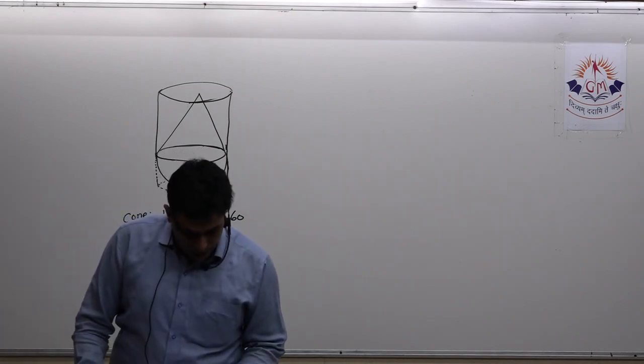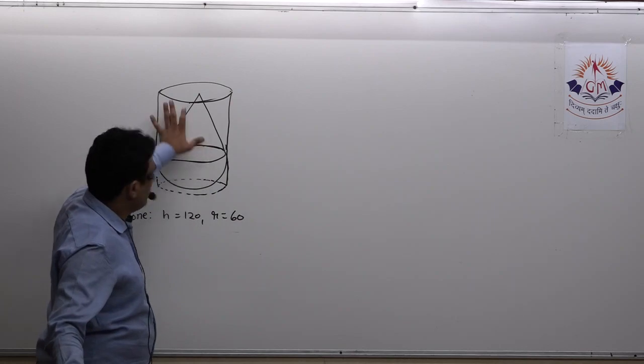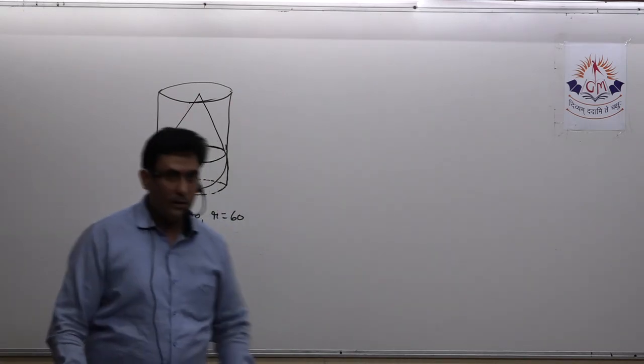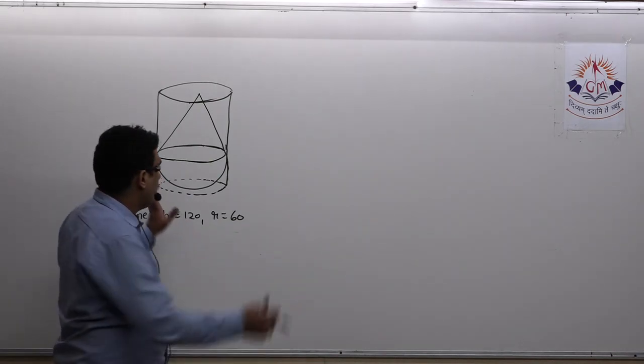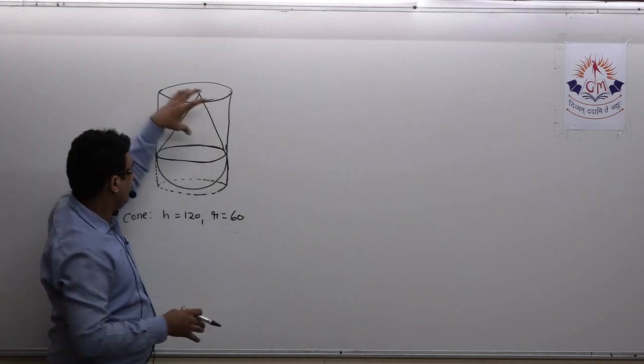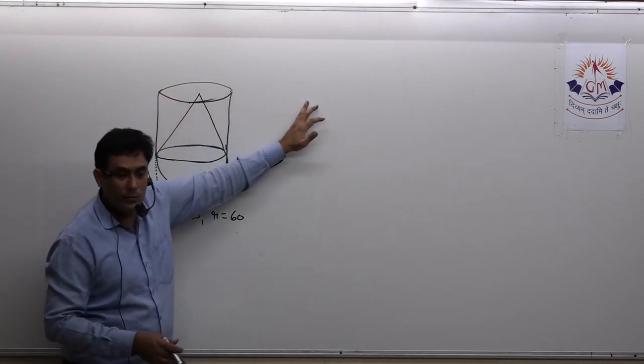The cylinder is full of water such that the solid touches the bottom. Find the volume of water left in the cylinder. Suppose first of all it is full of water. Now when we keep this solid inside, definitely some water will come out.